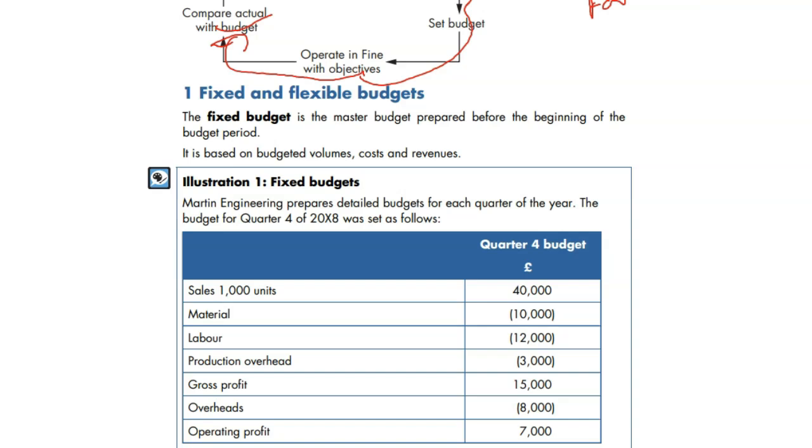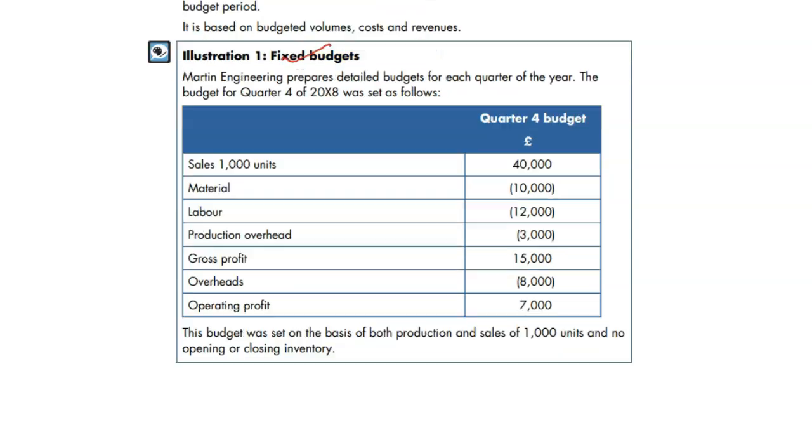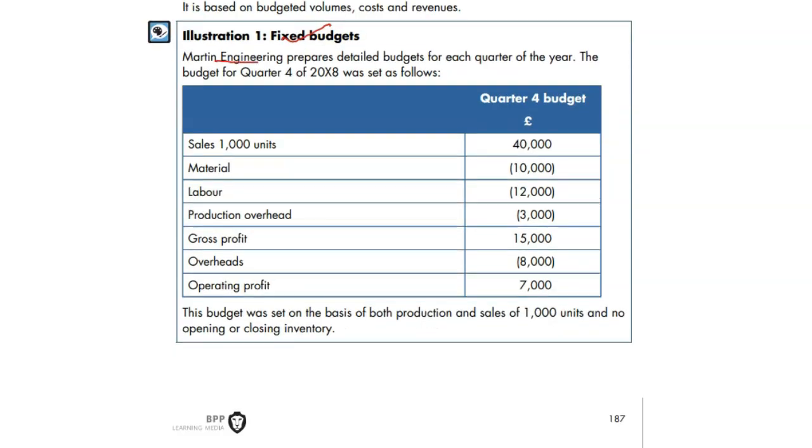Let's check out the fixed and flexible budget. Fixed budget is also known as master budget, and flexible budget varies based on the level of activity. Let's go with illustration number 1. Fixed budget. Martin Engineering prepares detailed budgets for each quarter of the year. The budget for quarter 4, 2018 was set below. Look at this.